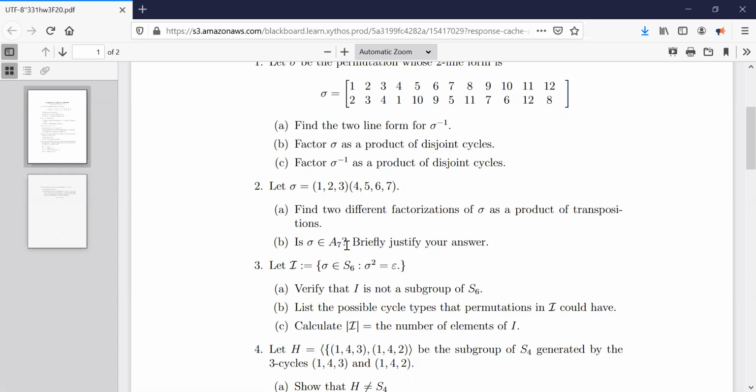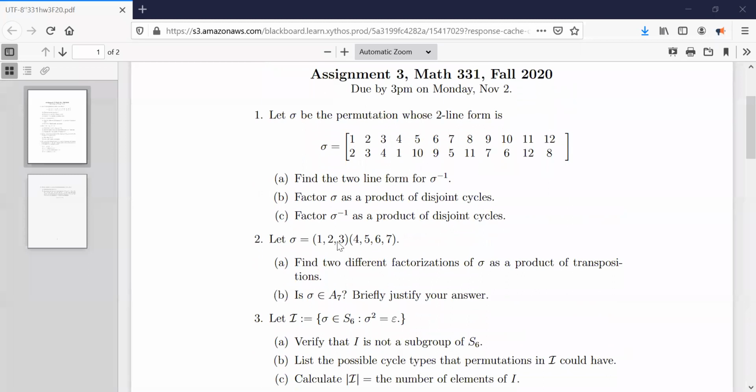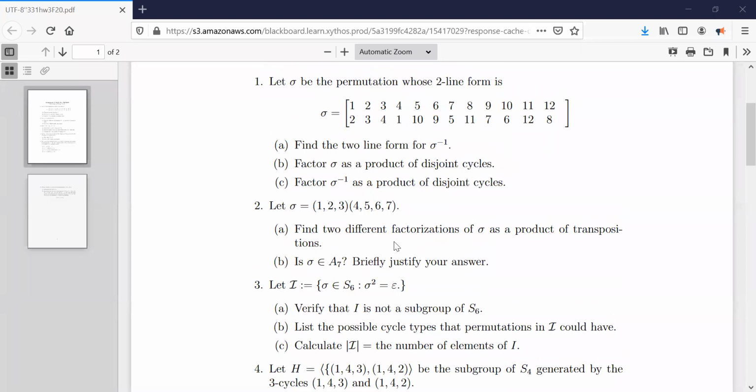What is A7? So somebody give me your description of A7. Michael, describe A7 for me. Isn't it like the permutation group with 7 elements? Well, S7 is the permutation group, right? Is A the abelian group?